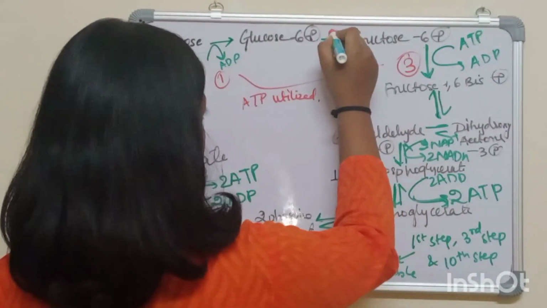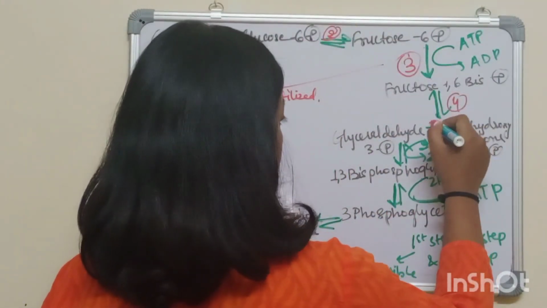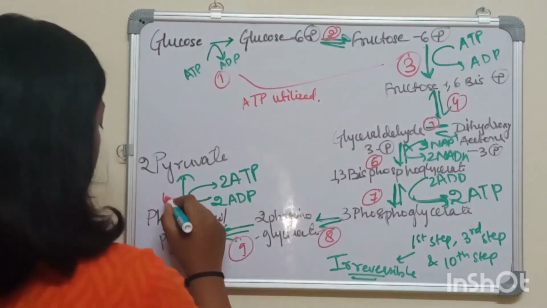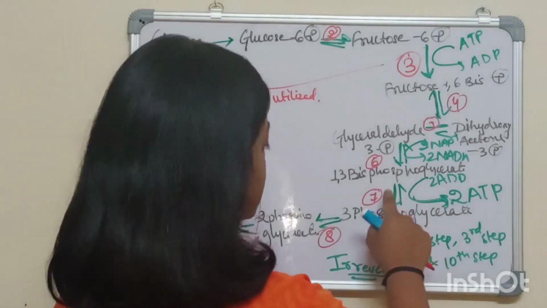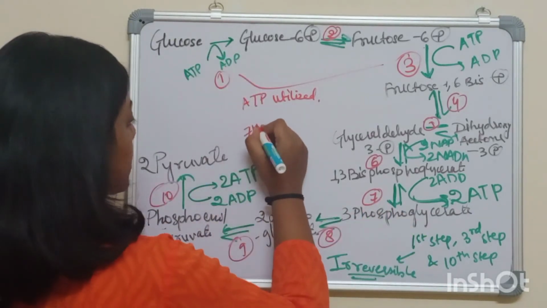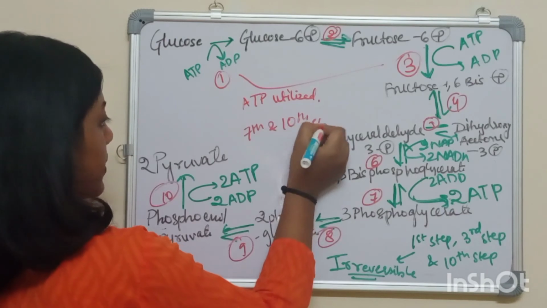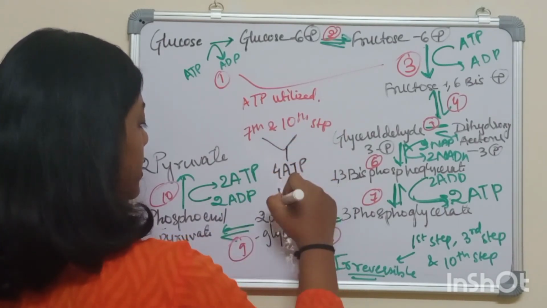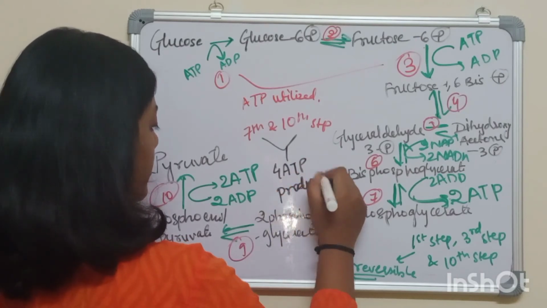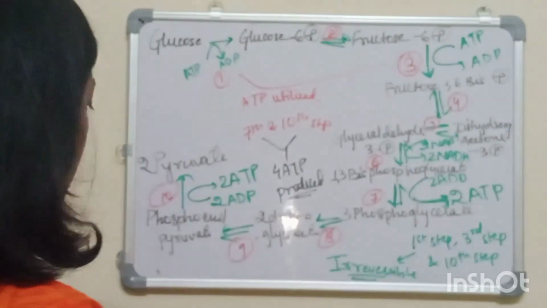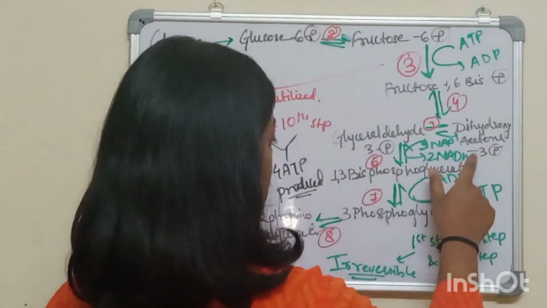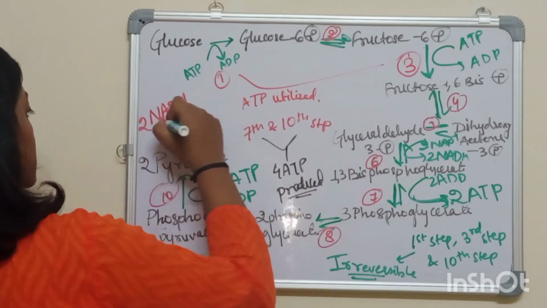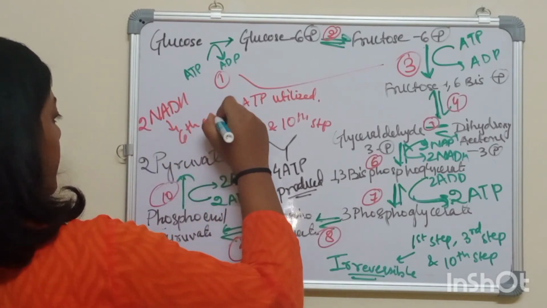This is the second step, the third, fourth, fifth, sixth, seventh, eighth, ninth, and the 10th. 2 ATPs are produced in the 7th and the 10th step. 4 ATP produced, 2 in each step. Now NADH is also produced. 2 NADH are produced in the 6th step.